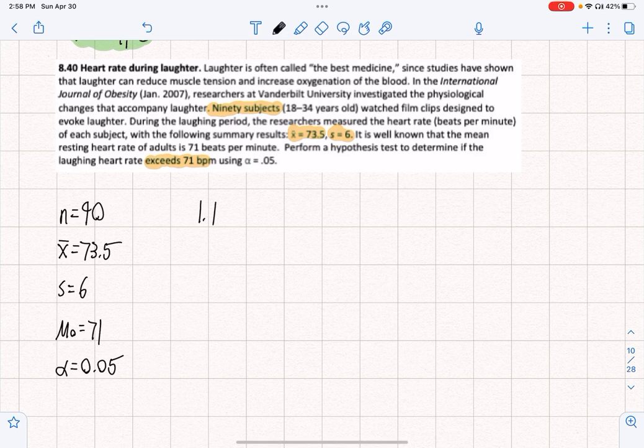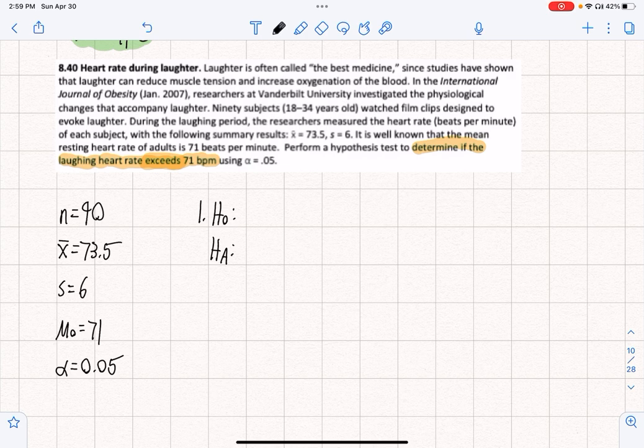So let's start with our hypotheses. We know we have to start with a null and alternative. So recall the alternative hypothesis is the research question. So what is being asked here? Perform a hypothesis test to determine if the laughing heart rate exceeds 71 beats per minute. So it exceeds 71.